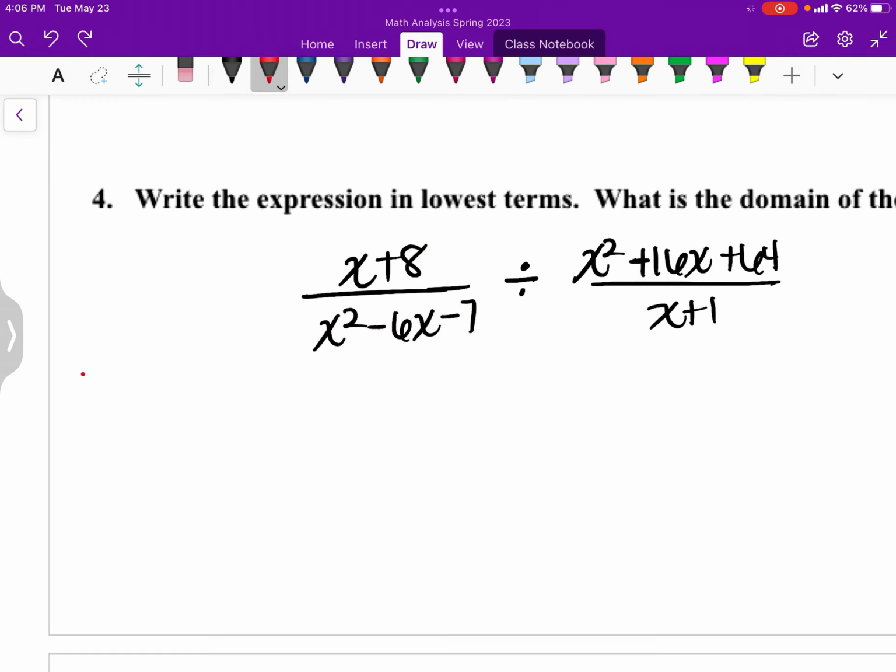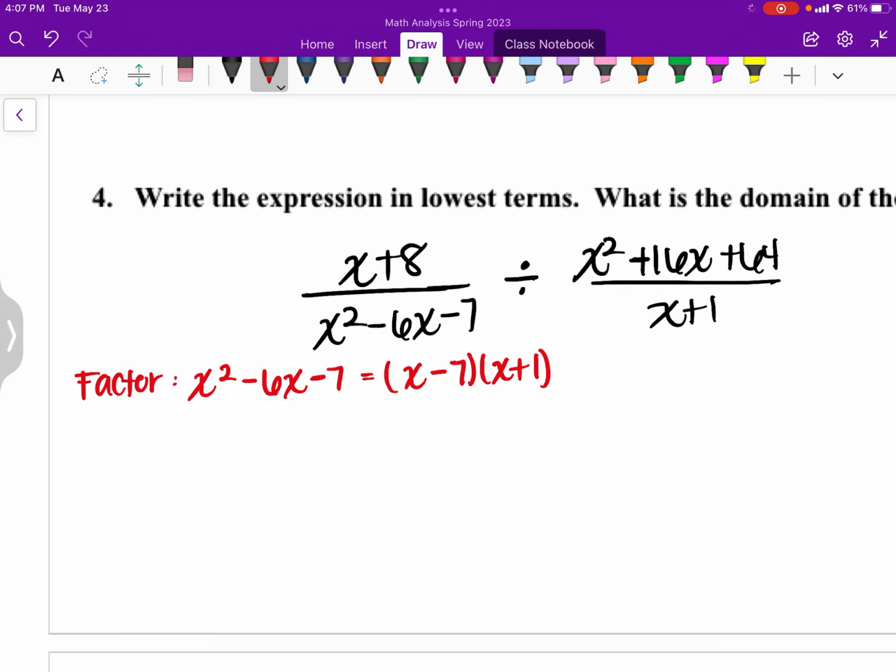So I want to factor, in this case, the x squared minus 6x minus 7. And if we factor that, doing the diamond method, or if you do mental math, that would be x minus 7 and x plus 1. Because in this case, we're looking for two numbers that multiply to negative 7 and at the same time add up to negative 6.